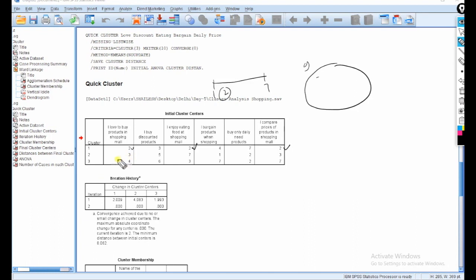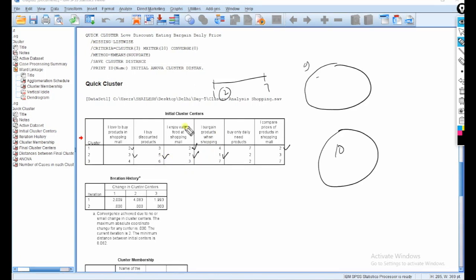Now in the second cluster there are 10 people, and the ratings are 3, 5. We can take a high value of this, a high value of this and a low value of this, and then combine these: I buy discount products, I enjoy food, I bargain for products when shopping.